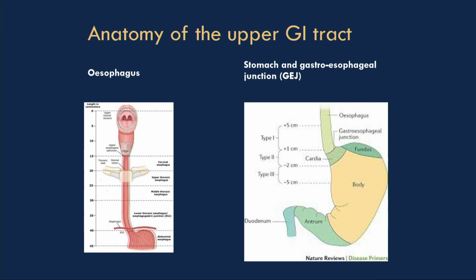The esophagus starts at the lower cricoid cartilage, and there we call it the cervical esophagus, and it extends to the stomach, where the first region that we encounter is the cardia. There you have the gastroesophageal junction, which is important because a lot of tumors arise in that region, and when you see a tumor there, you have to talk about it using the Siewert classification.